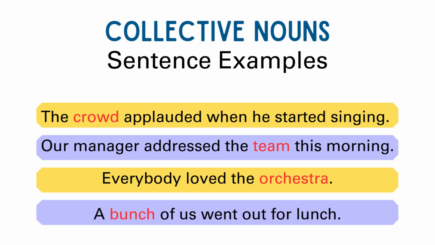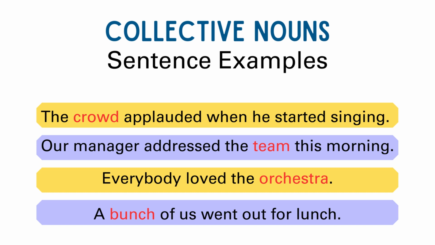Now, for some sentence examples. The crowd applauded when he started singing. So instead of mentioning the names of every person watching the performance, and there may be a lot of them really, you can just use crowd to refer to all of them, but this time as a group or a single unit. Another example.